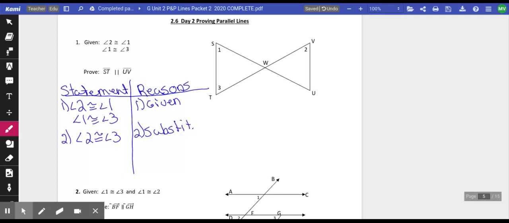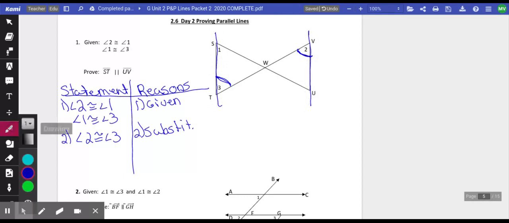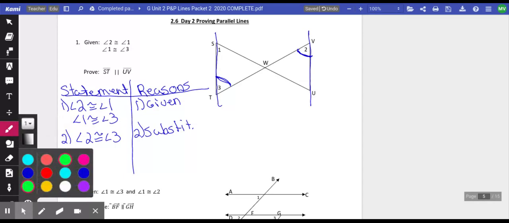So now if we look at our drawing, if we know 2 is equal to 3, we can say that ST is parallel to UV because those are on opposite sides of our transversal, which would be TV. Those are angles that are formed by TV and ST for 3 and VU for 2.